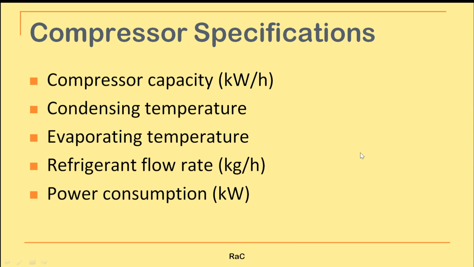So that's all about the compressor types, and this is the way by which compressors are designated or specified: the capacity of the compressor, what is the input power requirement to get the compressed output, then the temperature at which it is delivered, the inlet temperature, that is the evaporating temperature, then the flow rate of the refrigerant through the compressor in kilogram per hour, and the power consumption, how much power the compressor motor is consuming.